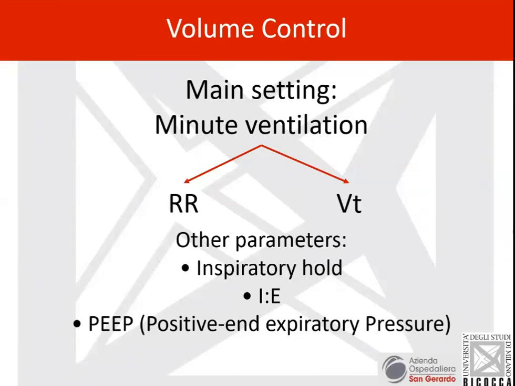And of course, we can split this minute ventilation, say 6 liters per minute, into an infinite combination of tidal volumes and respiratory rates. For example, we can use a respiratory rate of 12 and a tidal volume of 500 ml, 6 liters per minute, or we can decide to go with a respiratory rate of 6 and a tidal volume of 1 liter, and the minute ventilation will be exactly the same.